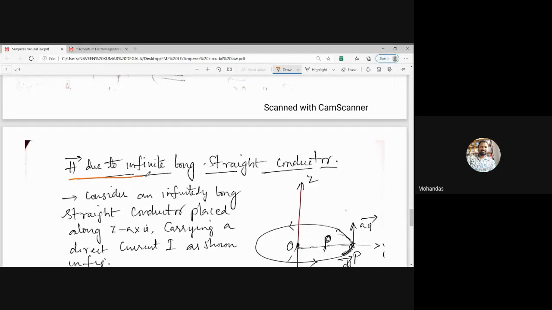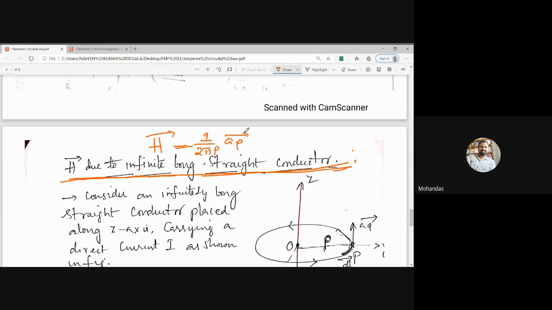Next we are going to derive H due to an infinite long straight conductor. We have also derived the same by using the Biot-Savart law. What is the H due to an infinite long conductor from the Biot-Savart law? H equal to I by 2 pi rho, in the direction a phi.